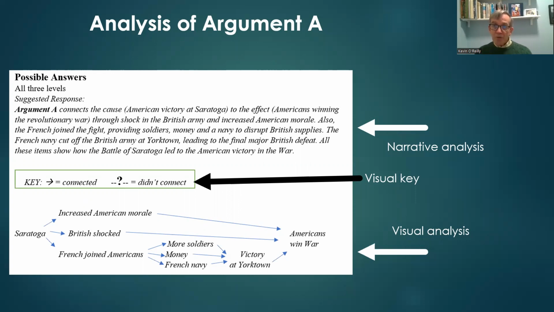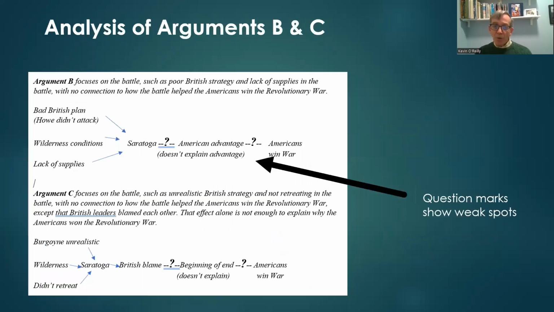So the arrows show a connection and the question marks show there wasn't a good connection. And you can see here that argument B and argument C left out some explanation. Think about how this would help students in writing essays, that they would learn how to make connections themselves, that they have to explain how A led to B.